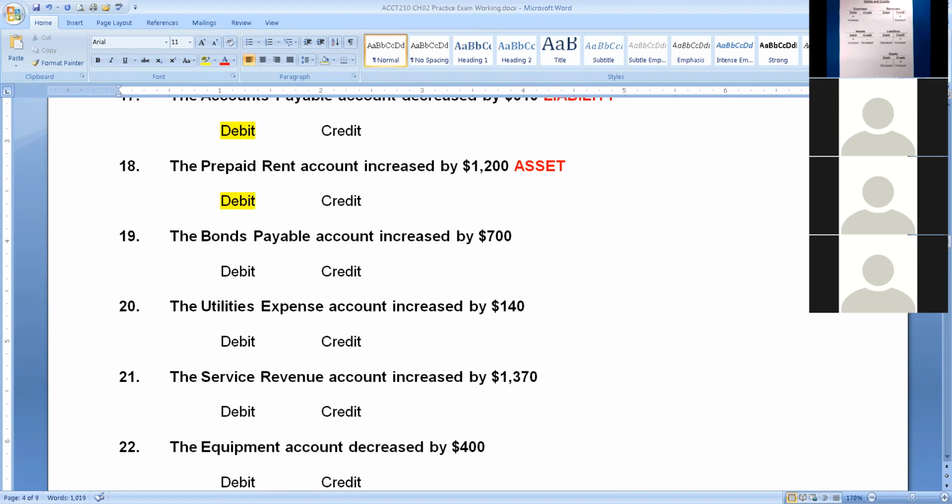Payables are liabilities. It increased. So it's a liability. Debit, or would it be a credit because it increased? Yep, exactly. When it increases, it'll be a credit.